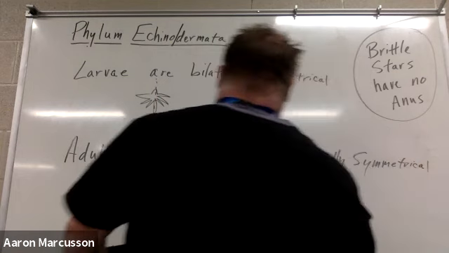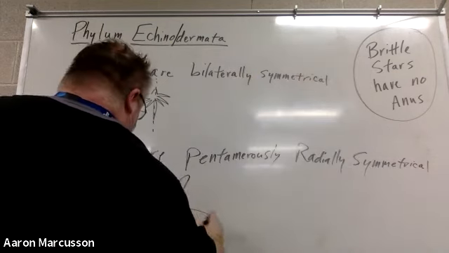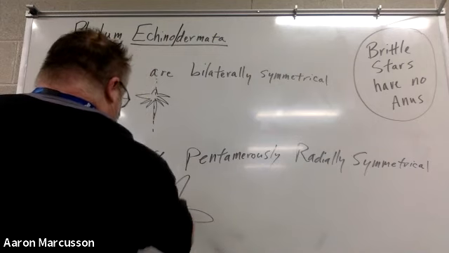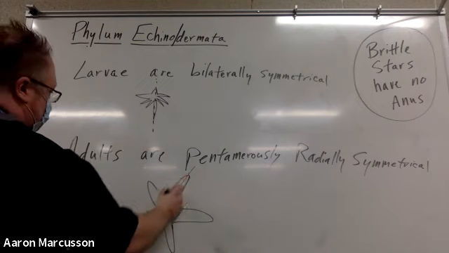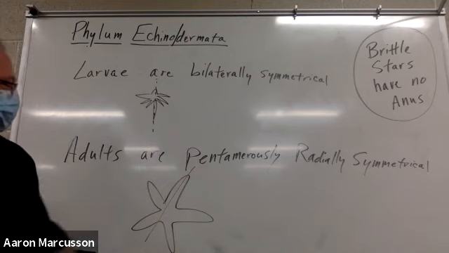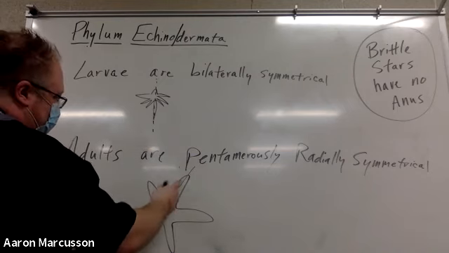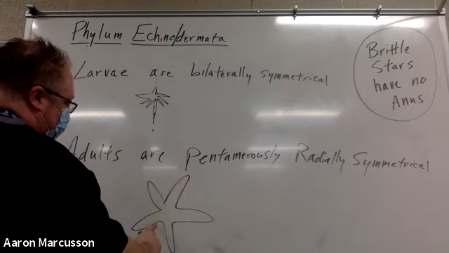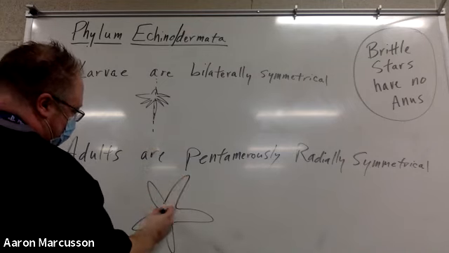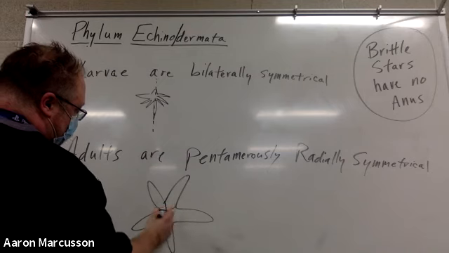What does that mean? If I am a starfish, how many equal pieces can I make if I cut that? We might say, well, you can cut it like this and now it's bilaterally symmetrical, right? Well, sure, but not very well. It's actually better if we go, well, I can cut it here, here, here, here, and here.